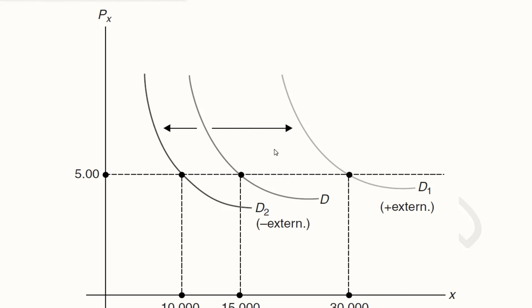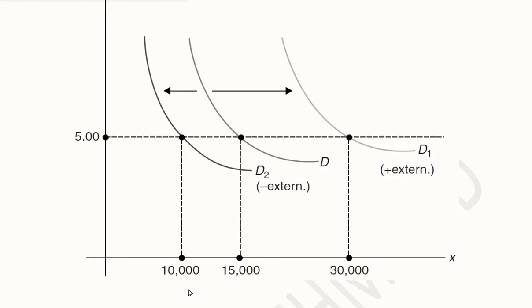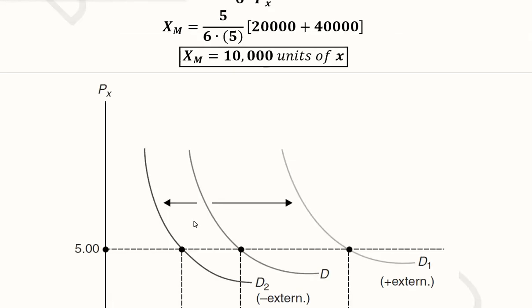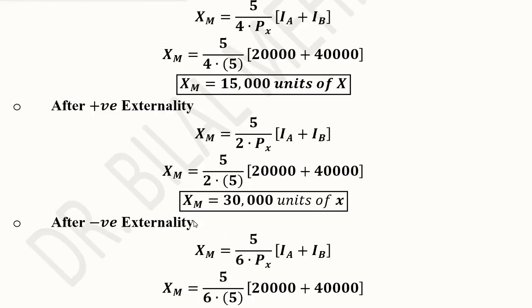So this is quite logical and makes sense that this favorable shift of demand curve is due to the positive externality, whereas the negative externality should shrink the demand curve and shift it towards the left as shown by this arrow, and consequently at this price the new level of the quantity demanded of good X would be 10,000 units.